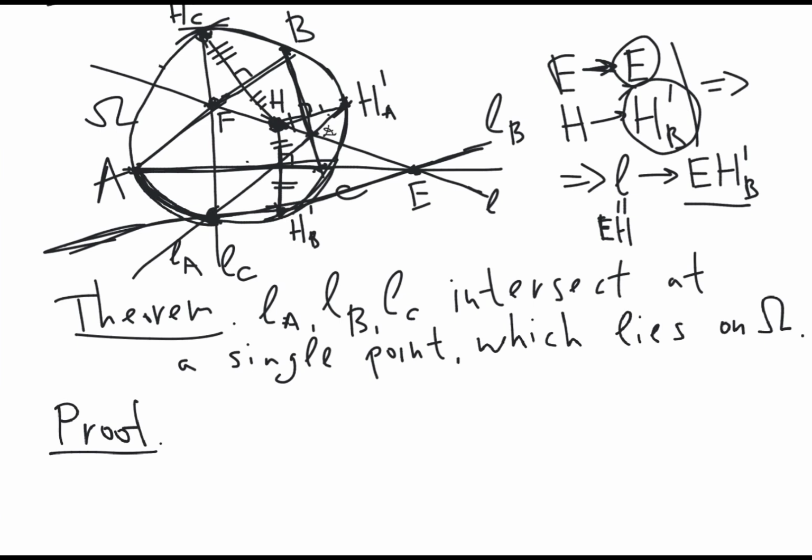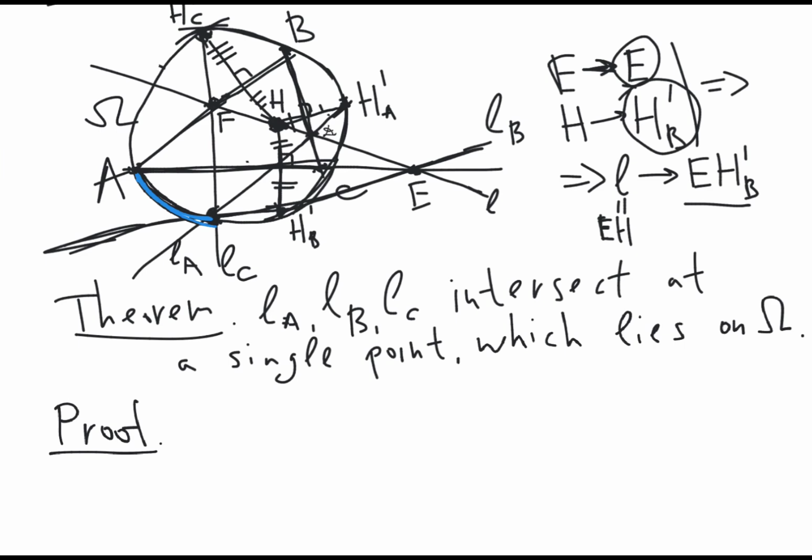So this arc that I highlight in blue, between the intersection points of each line and the point A. We'll calculate that this arc is the same for all three lines, the measure of this arc.